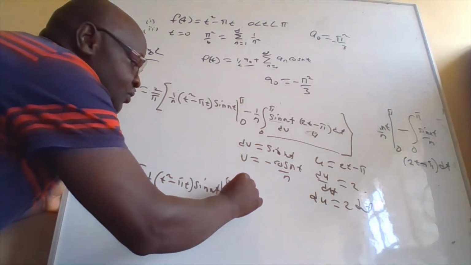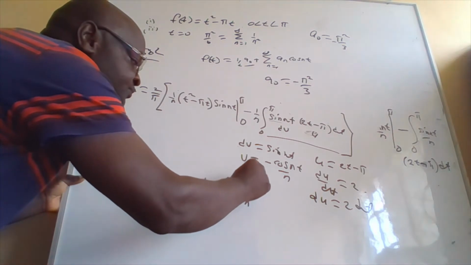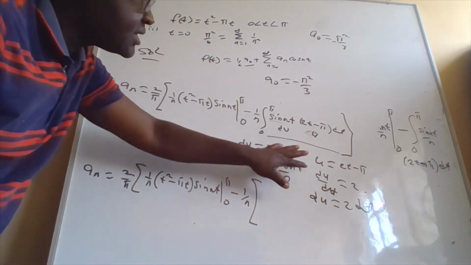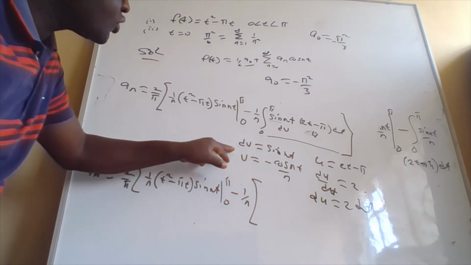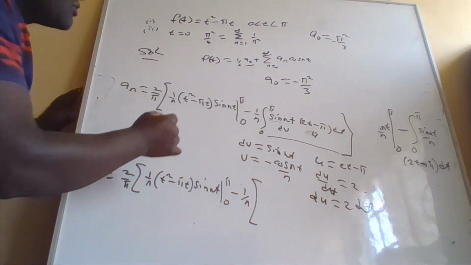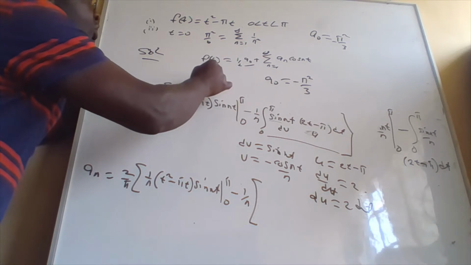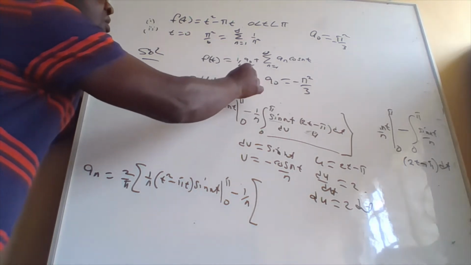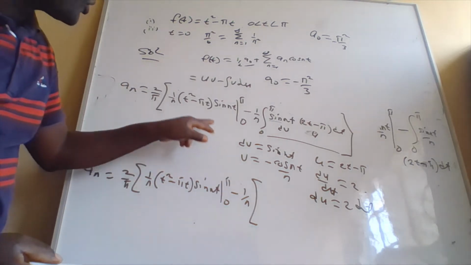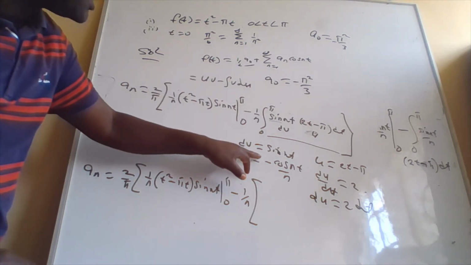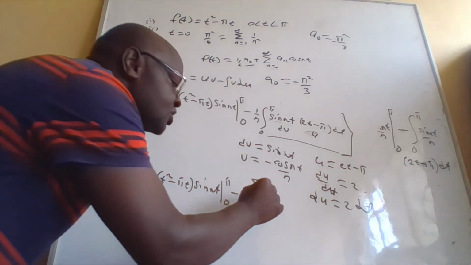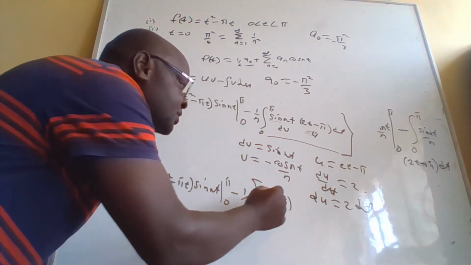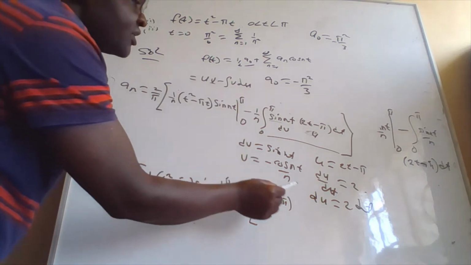Then minus 1 over n, and then you open the bracket, because here we are again integrating by parts. The integration by parts formula is uv minus integral v du. So here we need to identify what is our u. Our u is 2t minus pi. Then what is our v?